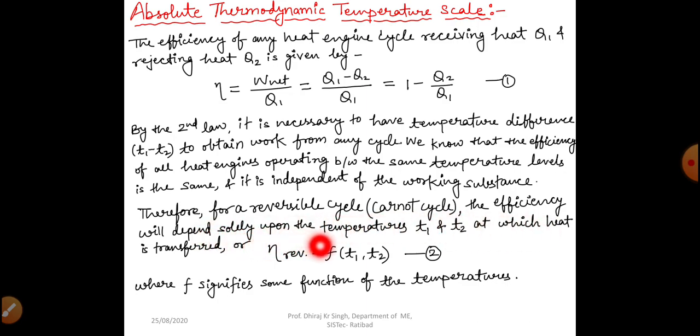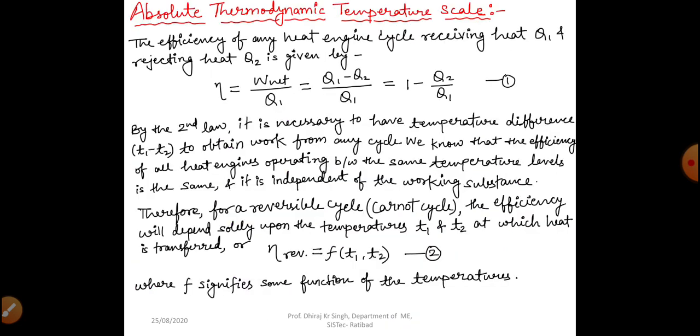So the efficiency of a reversible engine can be written as F of T1 and T2, because it depends only on temperature, not the working substance. This is our equation 2, where F signifies some function of the temperature.